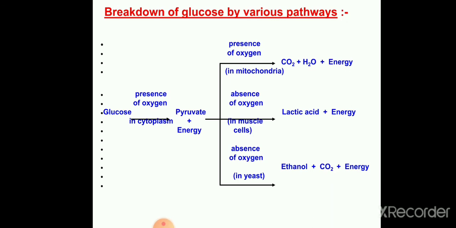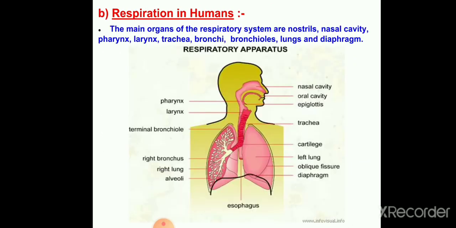With a lack of oxygen, in the muscle cell, the byproducts are lactic acid and energy. And in yeast, in the absence of oxygen, ethanol, carbon dioxide, and energy are produced.